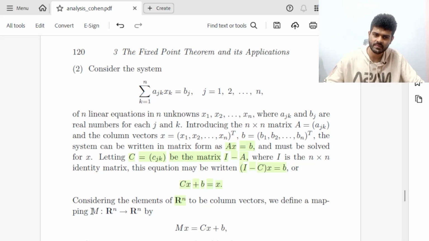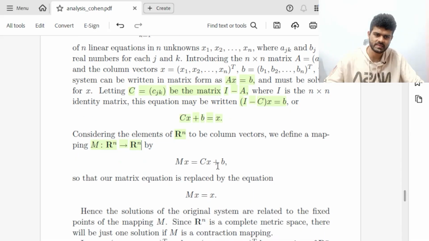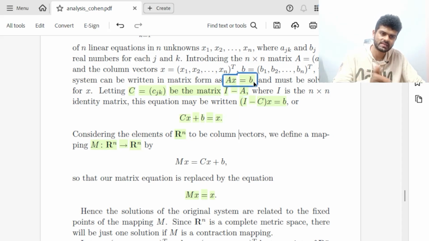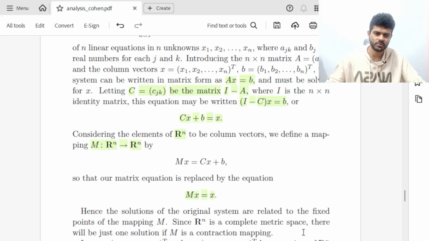Now, if you want to use the fixed point theorem, you find the fixed point, Mx equal to x. If you can find the fixed point, then you have found Cx plus b equal to x. That means you have found x which satisfies Ax equal to b, essentially solving the system of linear equations.